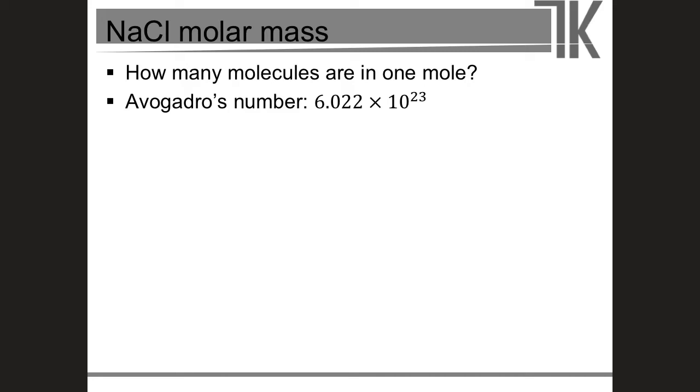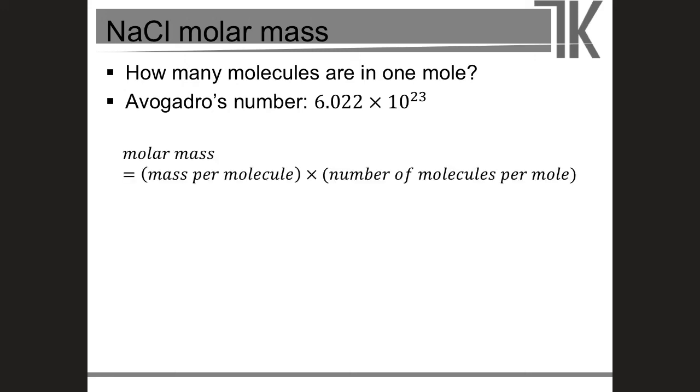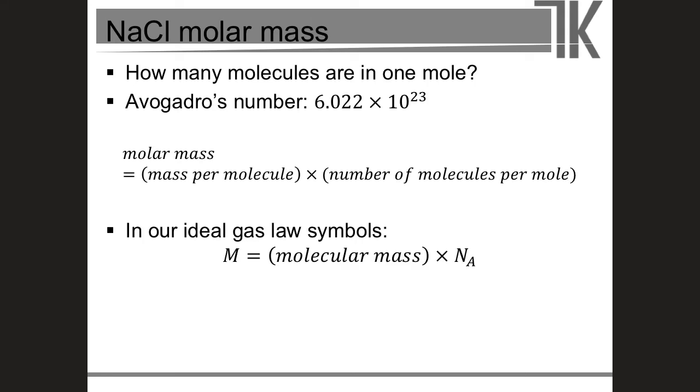A dozen, a score, Avogadro's number are all set numbers. So our molar mass equals mass per molecule times number of molecules per mole, which is simply our molar mass, capital M, times our molecular mass, which is our mass per molecule, times Avogadro's number, which is the number of molecules per mole.